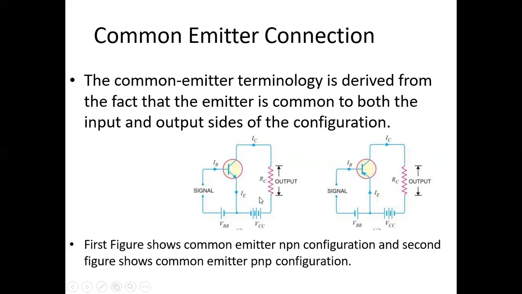And then for common emitter connection, this is for PNP, and this is for NPN transistor, and both circuits are for common emitter connection.